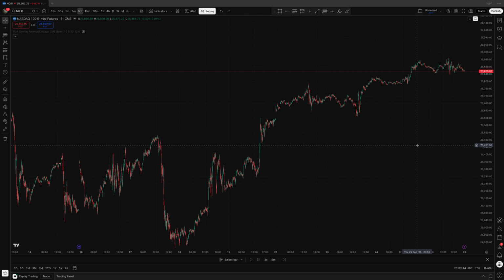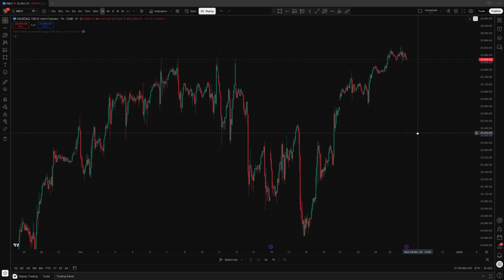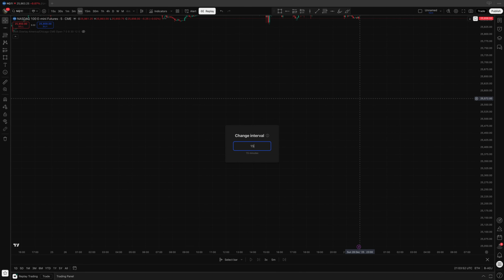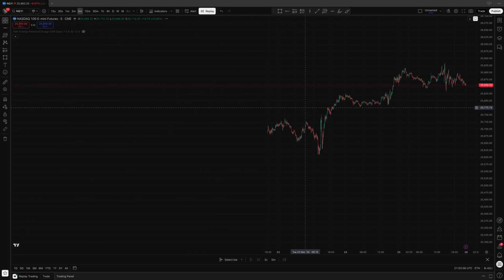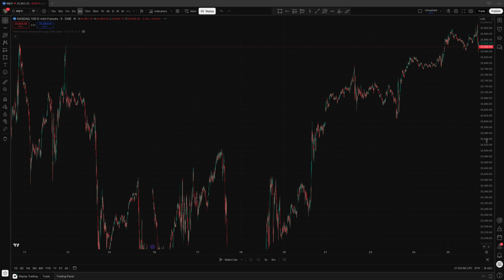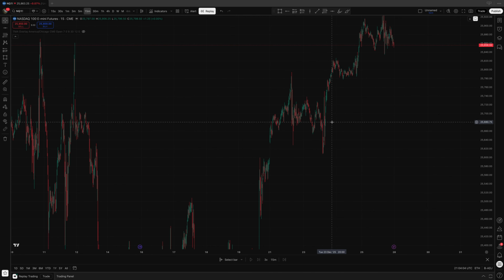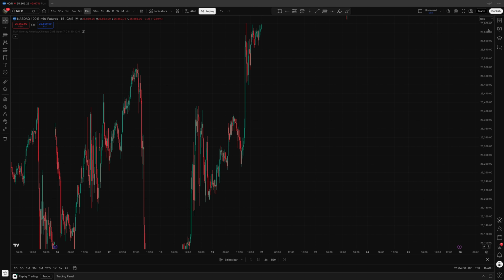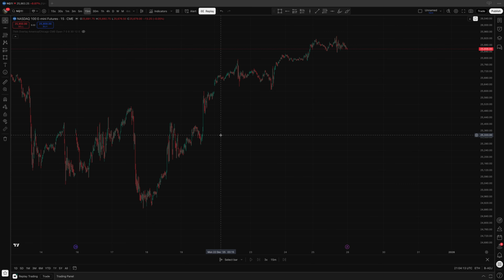Depending on what kind of trader you are, I'm a scalper, so usually I use a lower time frame, like 15 minutes and lower. What you're essentially looking for is a fair value gap. There's a bunch of fair value gaps, but also there's inverse fair value gaps.